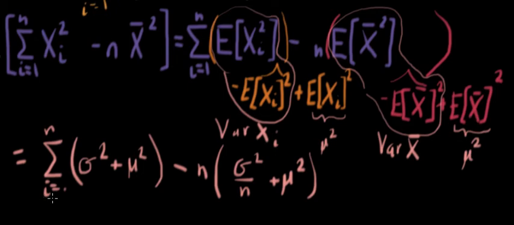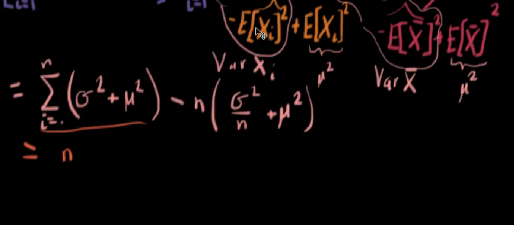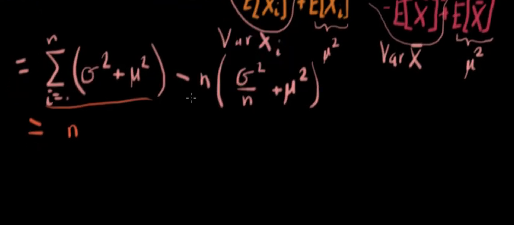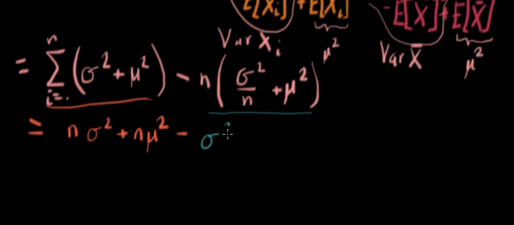So all of this is equal to, and we'll distribute while we're at it, n sigma squared plus n mu squared, subtract, I'll distribute through here, so n cancels that n, so we get subtract sigma squared plus mu squared, subtracting this, so the minus sign also gets distributed, so subtract n mu squared.